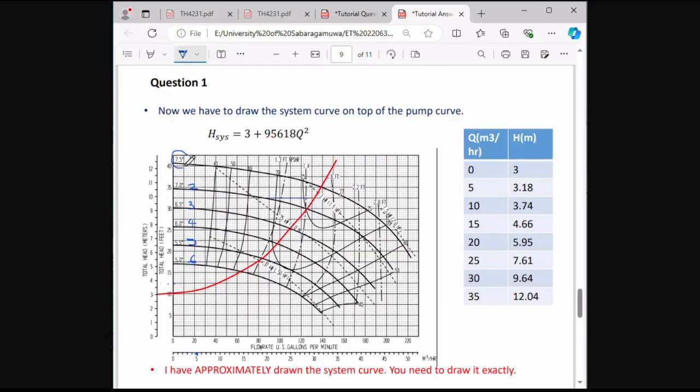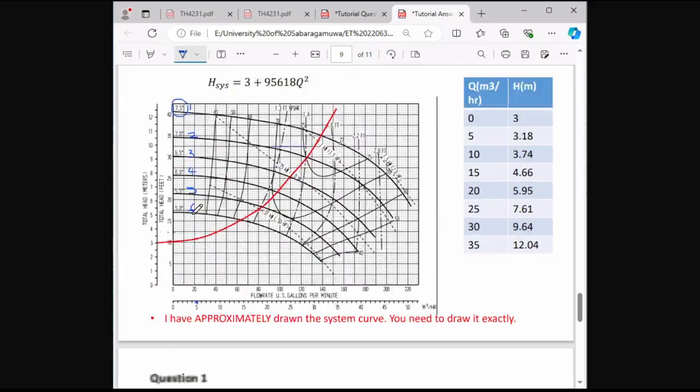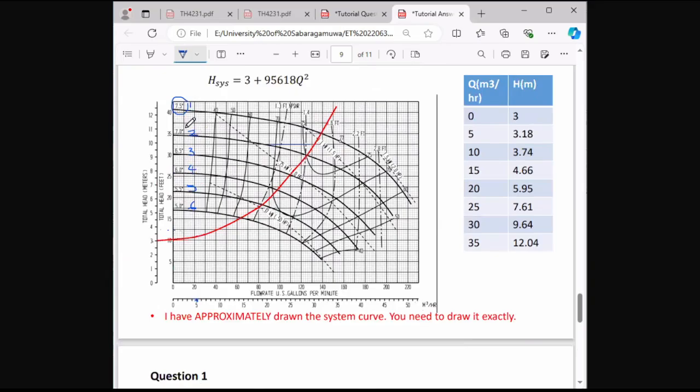Okay, this 7.5 inch means one impeller size. Another impeller size is 7.0 inch. Another one is 6.5 inch. Next one 6. Then another impeller diameter is 5.5. Another diameter is 5.0.